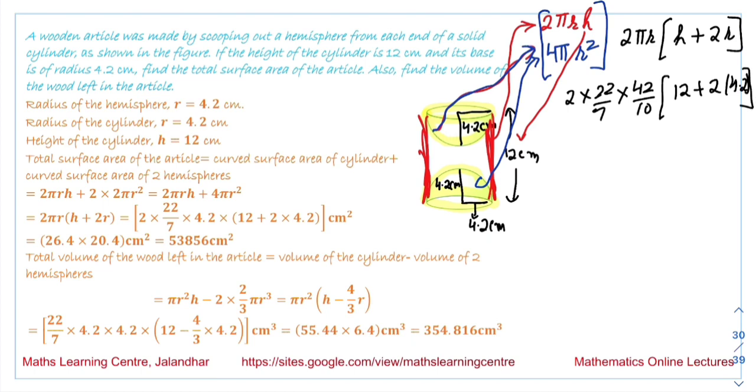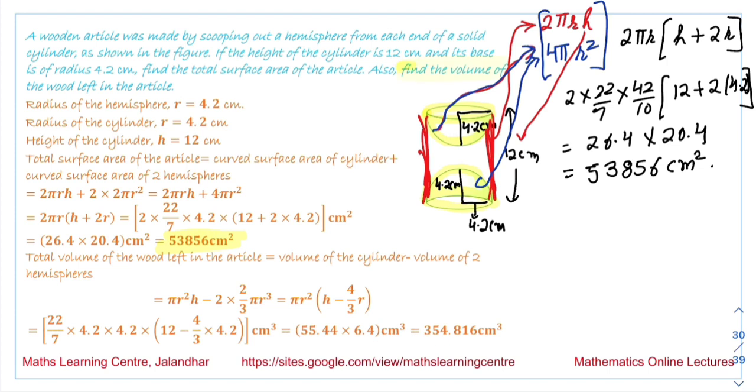On solving these values, the answer we get is 26.4 into 20.4, and that is equal to 538.56 centimeter square. This is the total area of this wooden article.